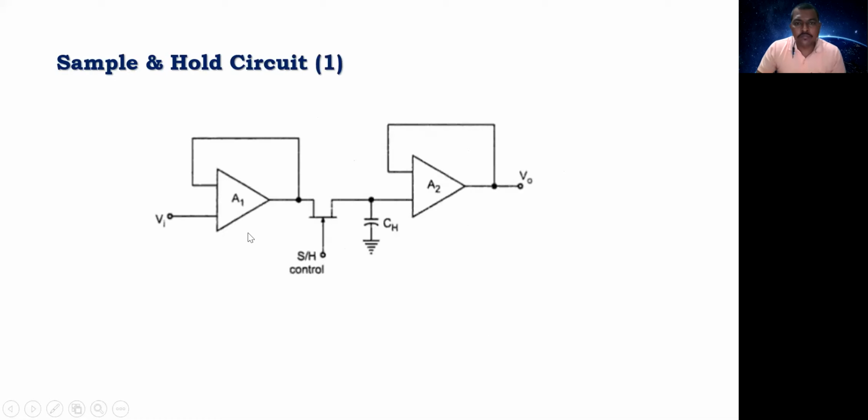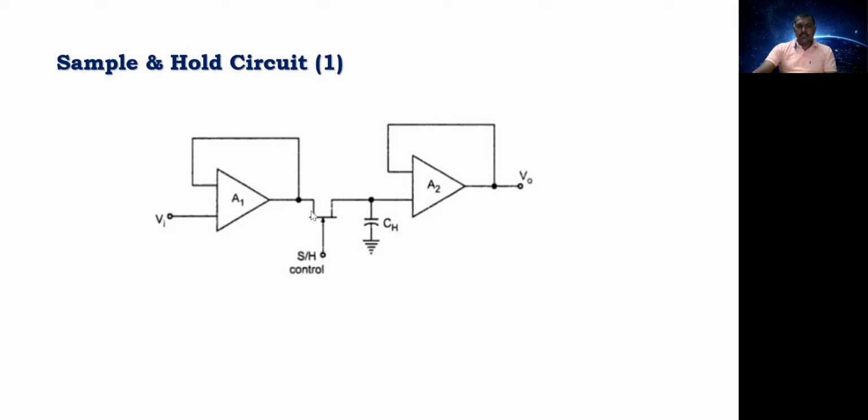We have two op-amp amplifiers used in non-inverting mode, and we have applied the input voltage, that is the analog signal, to this point. Then we have used this FET as a switch, and we are controlling it by providing clock pulses to the FET.